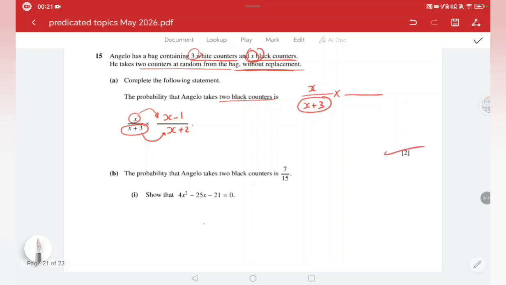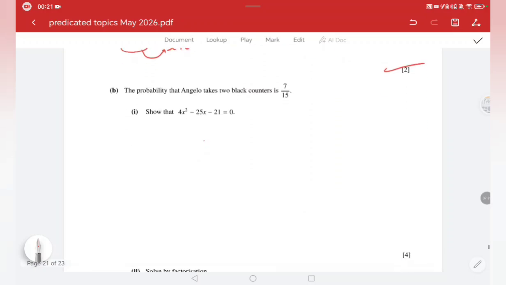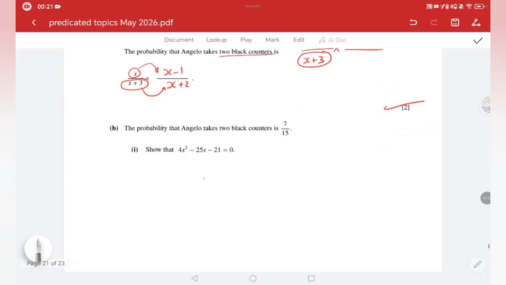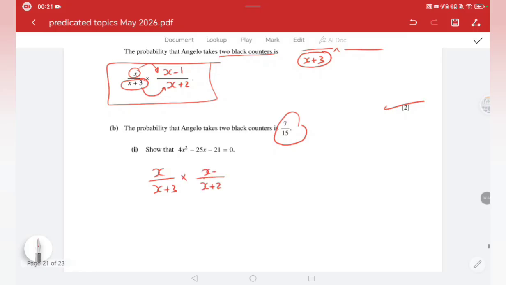Next one. The probability that Angelo takes 2 black counters is 7 over 15. So this one, what we had before, equals 7 over 15.